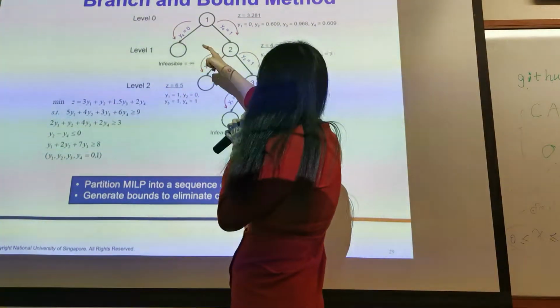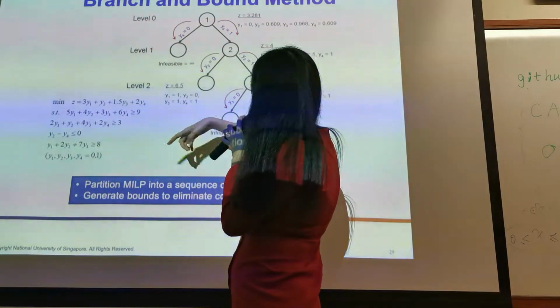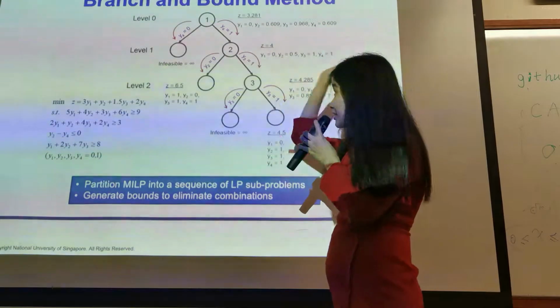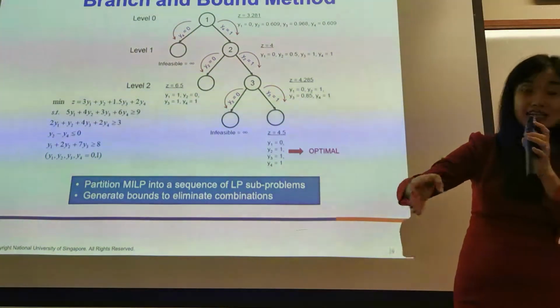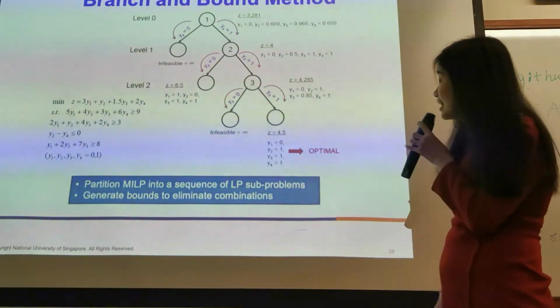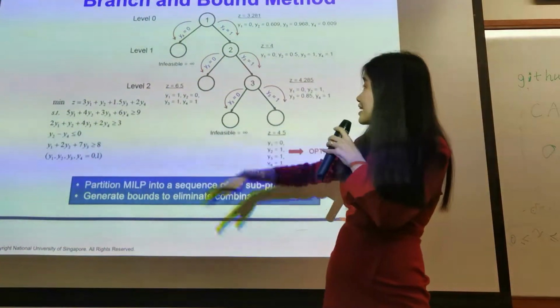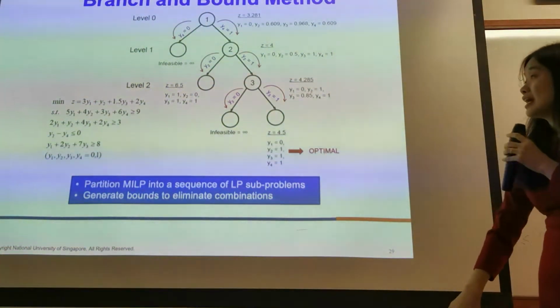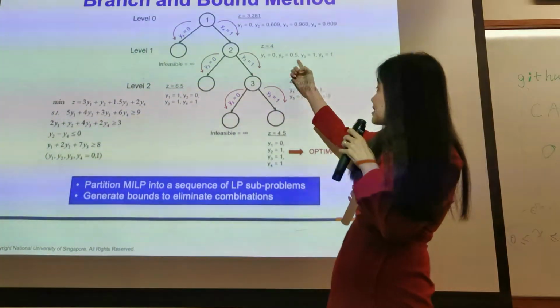Just add y4 equals 0 to the original problem, and it's infeasible. So I directly cut the whole branch. I just continue with y4 equals 1, and then get the second node. And then here I can choose another variable.